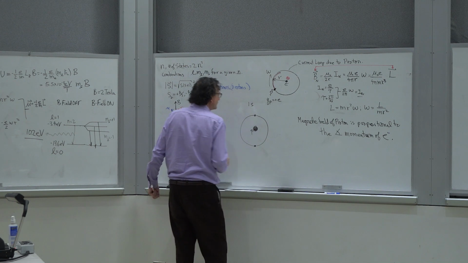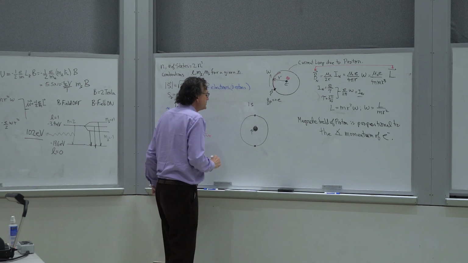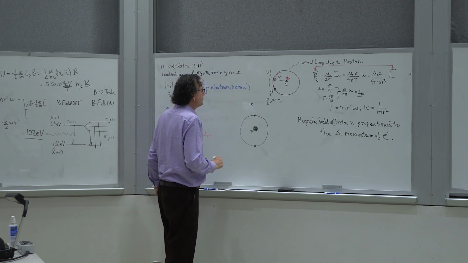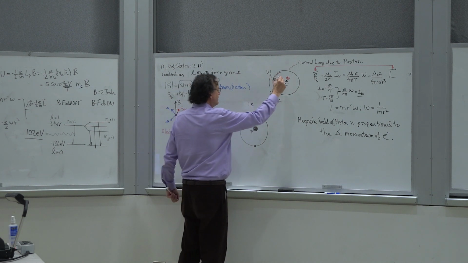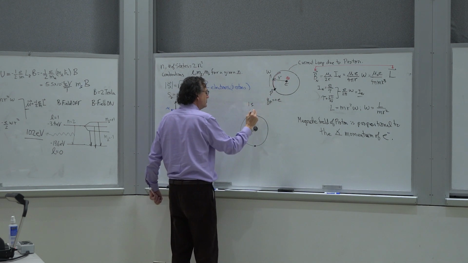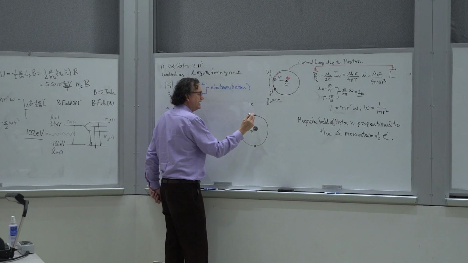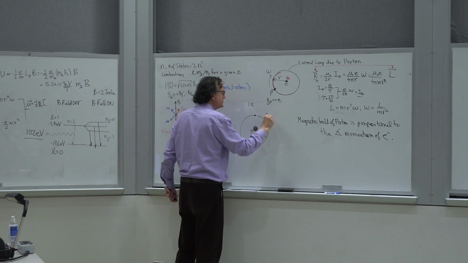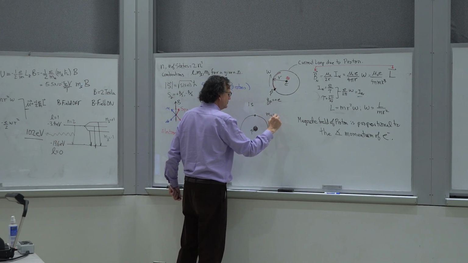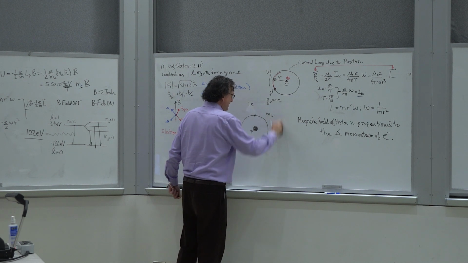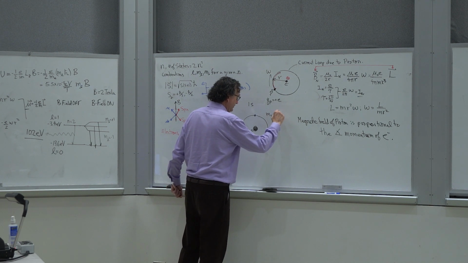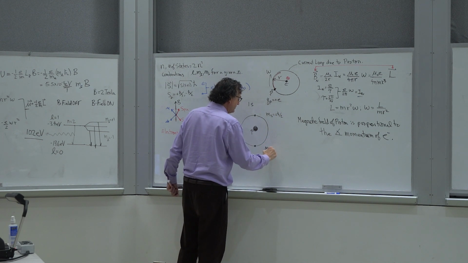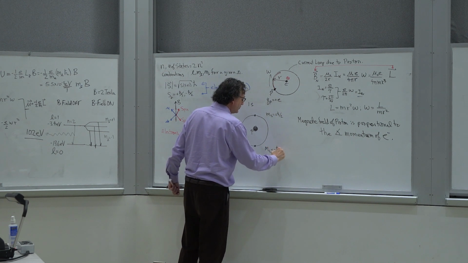And for example, here, since the magnetic field is going into the board, 1 electron can have its m sub s equal to plus h bar over 2, and this one will have m sub s equal to minus h bar over 2.